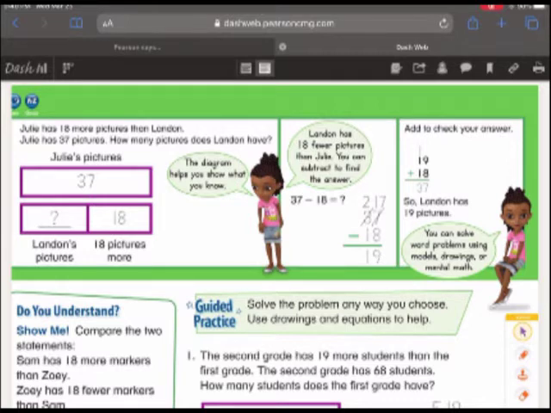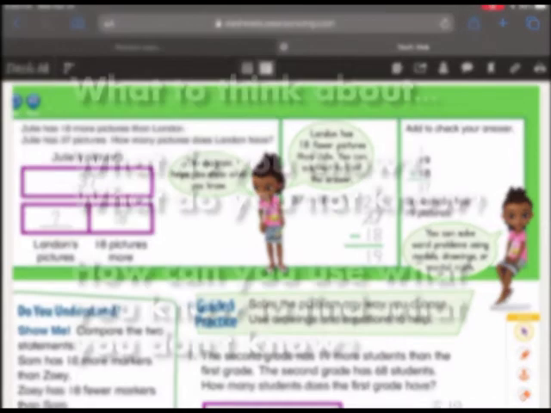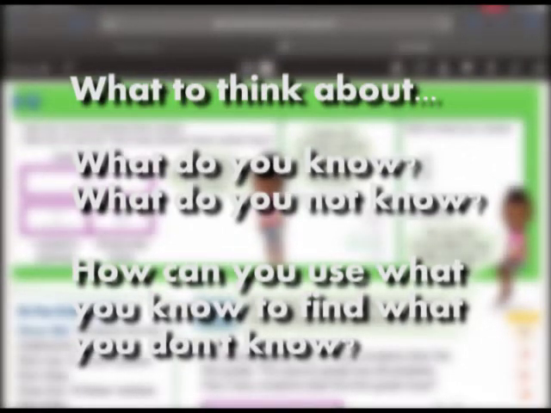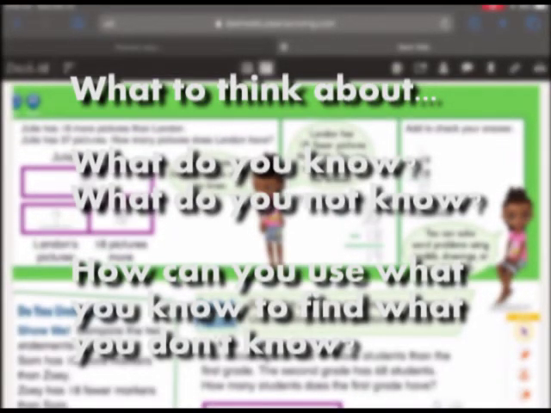We can solve word problems using models, drawings, or mental math. And what I want you to think about here in this lesson is, what do you know and what do you not know? And how would you use the numbers that you know to find the number that you don't know?